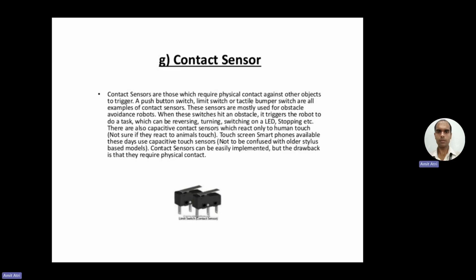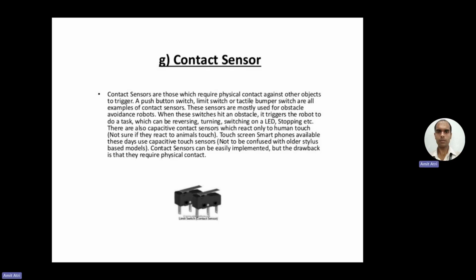Next is the contact sensor. Contact sensors are those which require physical contact against other objects to trigger. A push button switch, limit switch, or tactile bumper switch are all examples of contact sensors. As there is a contact, they will give a signal. These sensors are mostly used for obstacle avoidance robots.